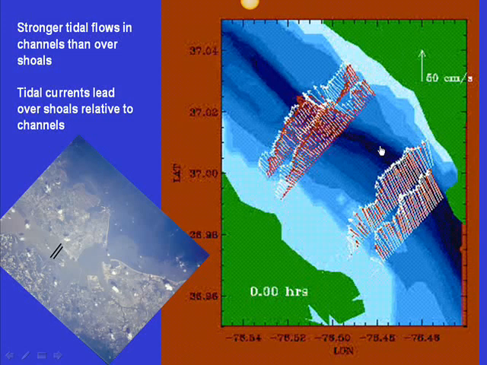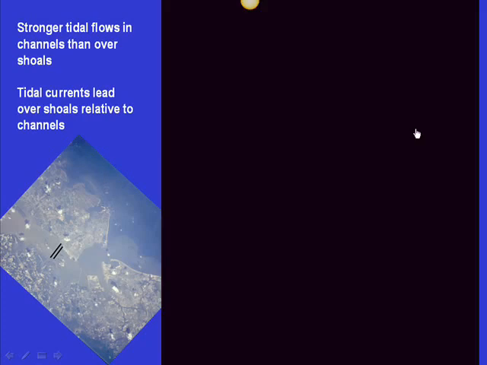There's an animation of this concept that we won't be able to see. I didn't load it on the computer, but if you look at it in the presentation, you'll see that the white arrows are surface flows and the red arrows are near bottom flows.